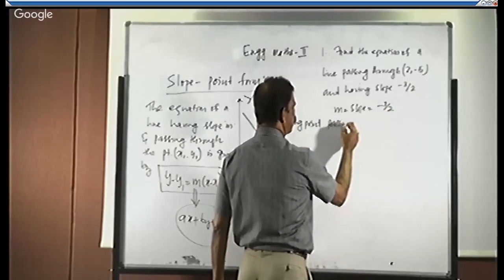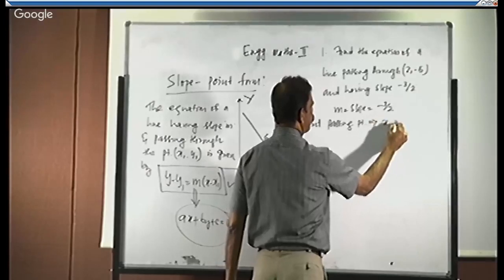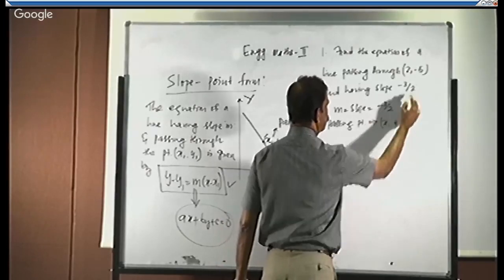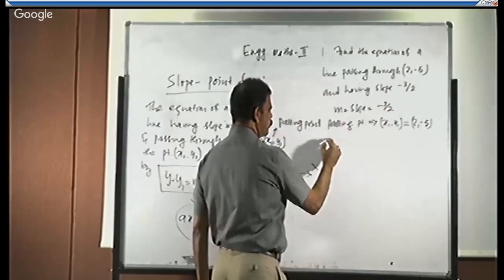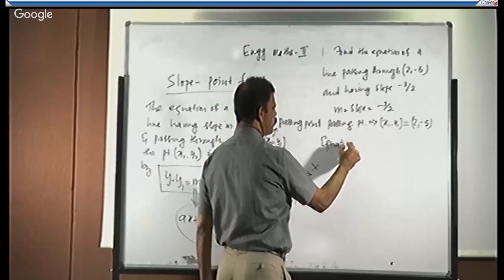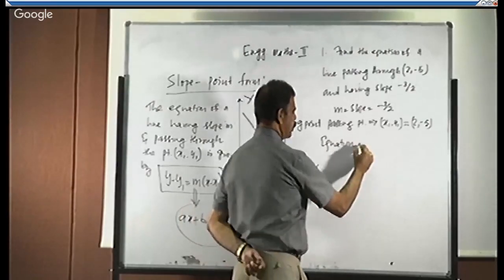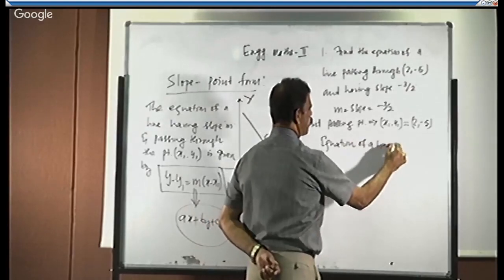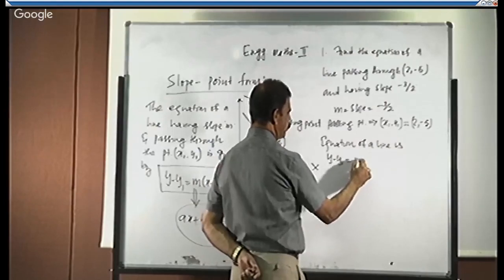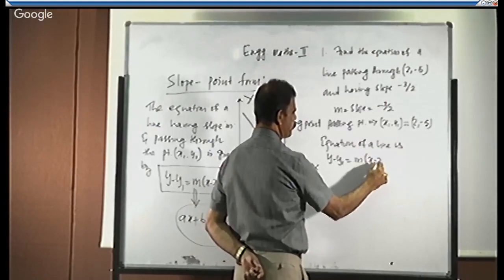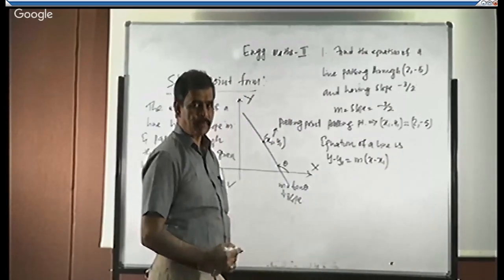Passing point is x1, y1, which is equal to 2 comma minus 5. Using these two, take the equation of line. That is slope point form. Equation of a line is y minus y1 is equal to m into x minus x1.